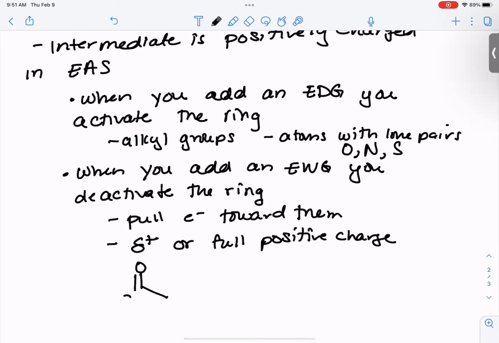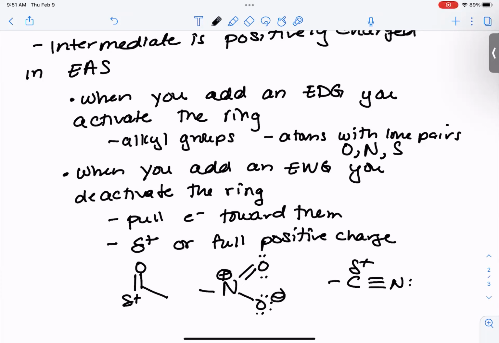Your carbonyls, you have a partial positive. Your nitro group, you have a full positive on that nitrogen. Here, actually, let me draw it out so that we get used to seeing that nitro group. Your cyano group, you're going to have a partial positive on that carbon.